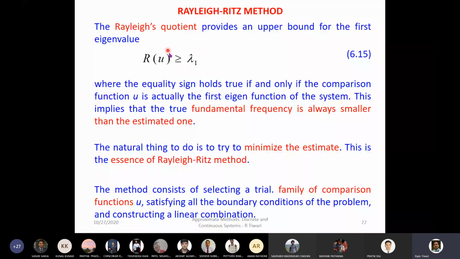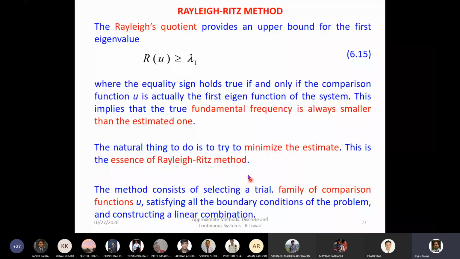If somehow we can minimize this, because the minimum value of the Rayleigh's quotient is the first eigenvalue. So that is the thing, we will try to minimize the Rayleigh's quotient by some means so that we get the natural frequency of the system which is close to the fundamental one.